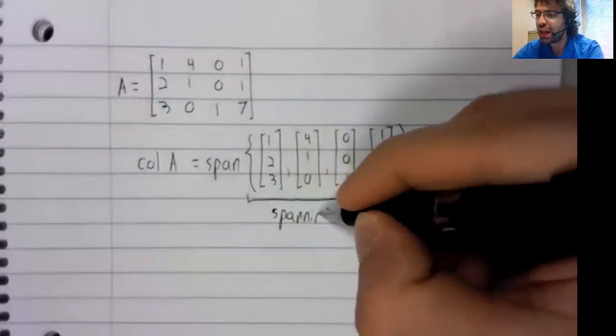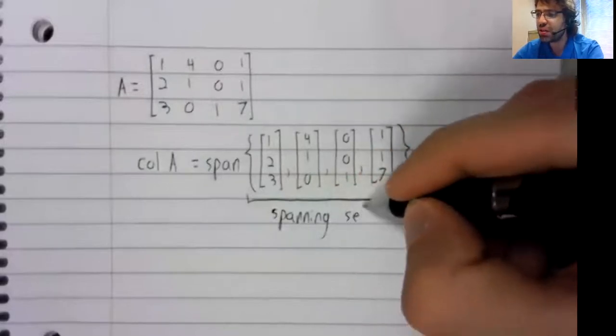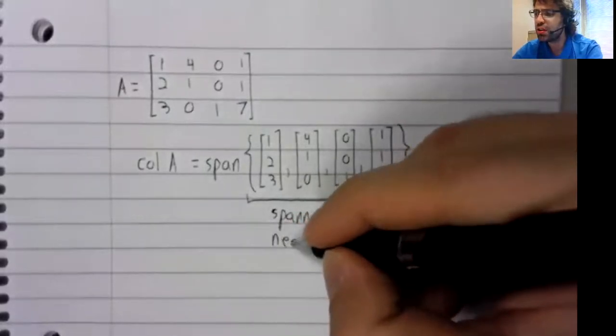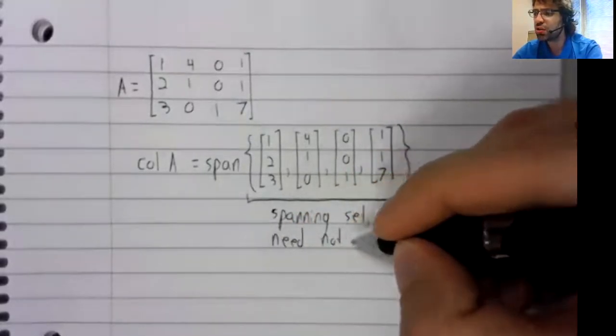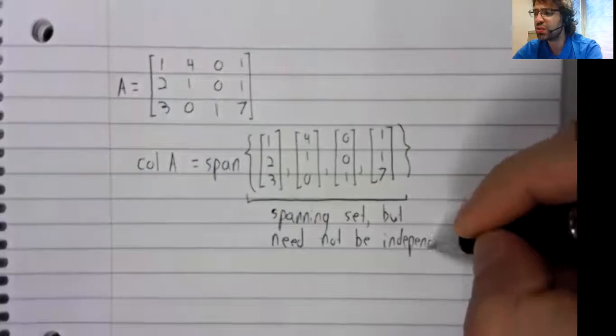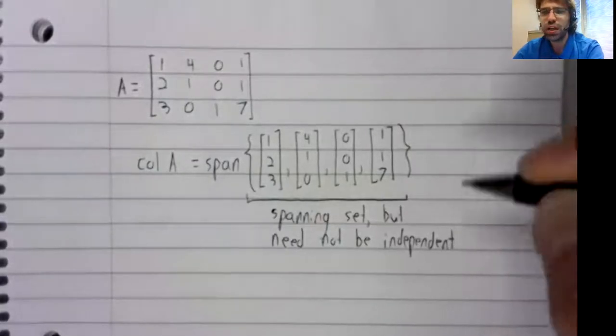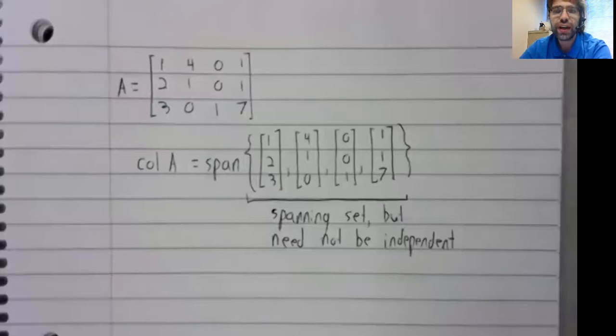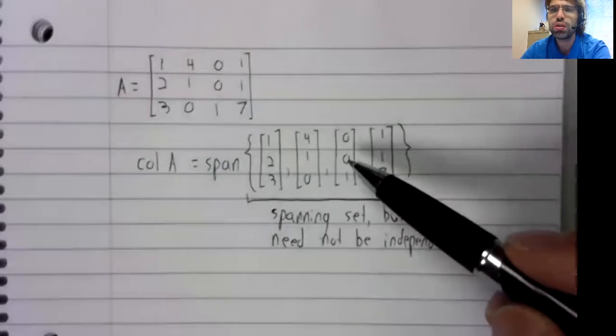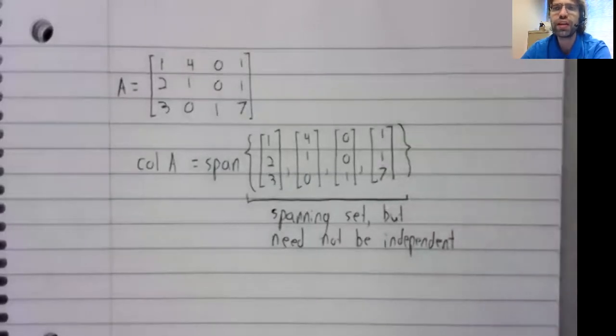It's a spanning set, but it need not be independent. And in this particular case, it definitely isn't independent. We have a theorem that says we cannot have four linearly independent vectors in R3.